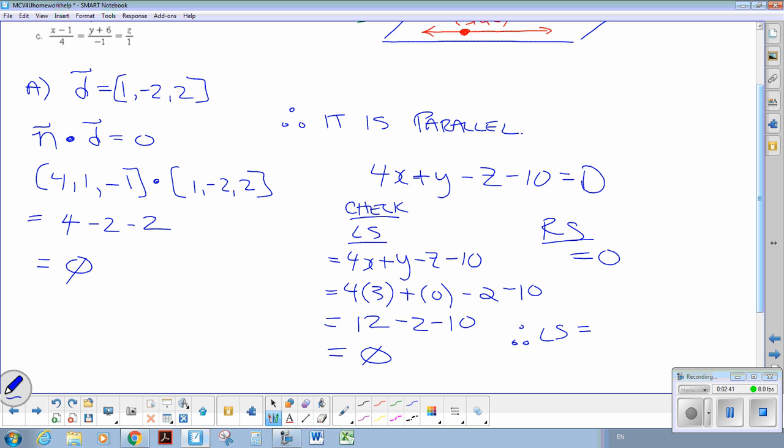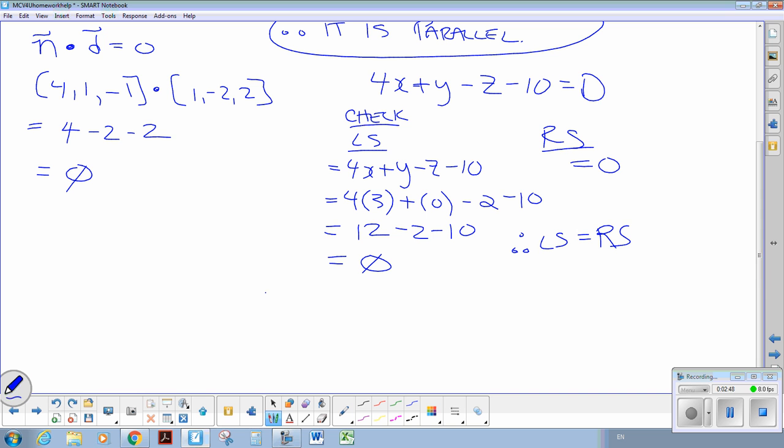Left side equals right side. So the line was parallel, and therefore the line is coincident with the plane, or it's on the plane. All right, so it is on the plane.